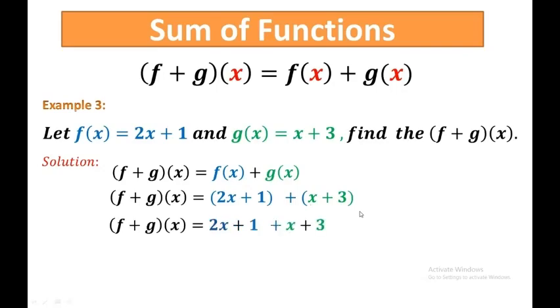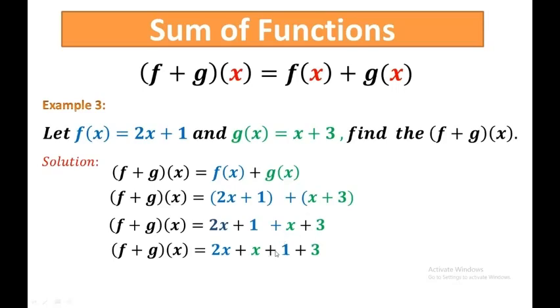Now let's remove our parenthesis. It becomes 2x plus 1 plus x plus 3. After that, let's combine like terms. So we have 2x and positive x, then we also have positive 1 and positive 3.